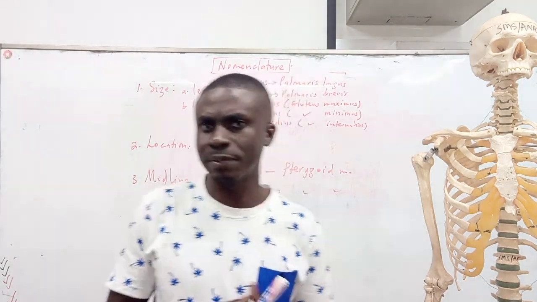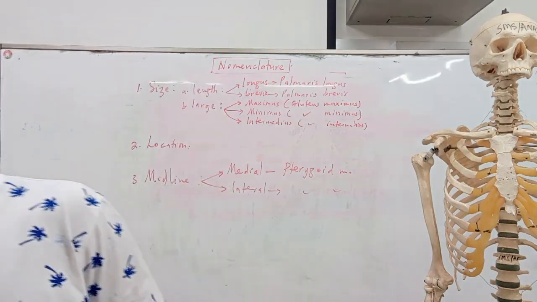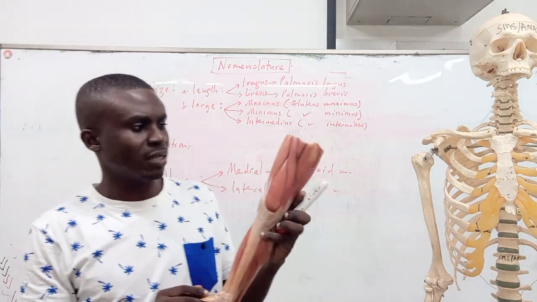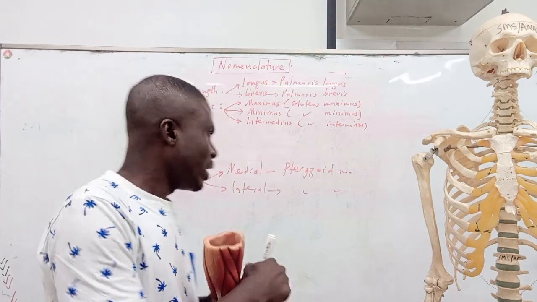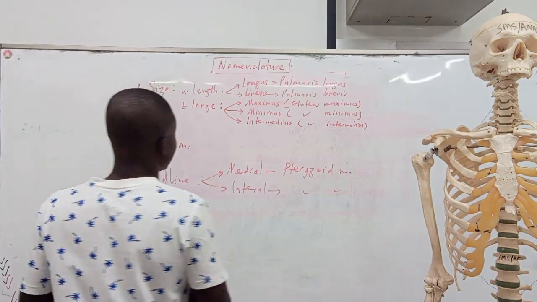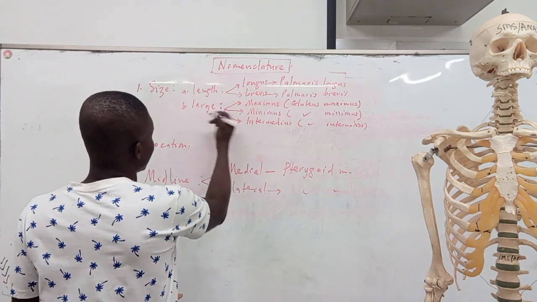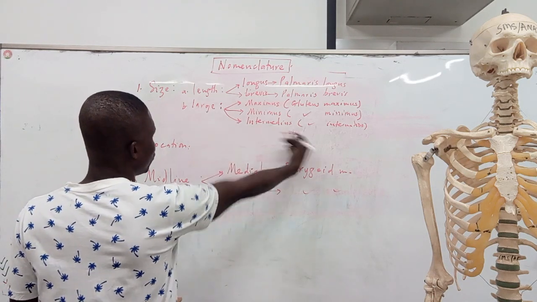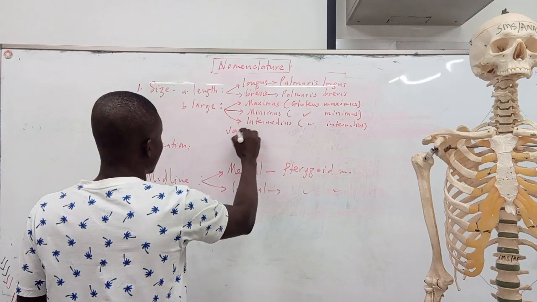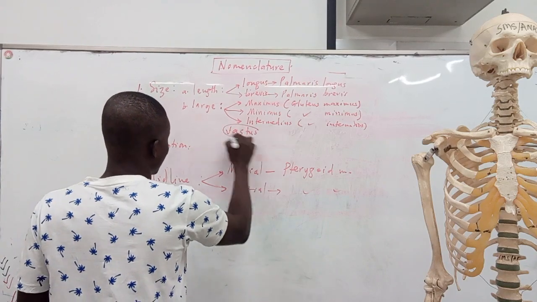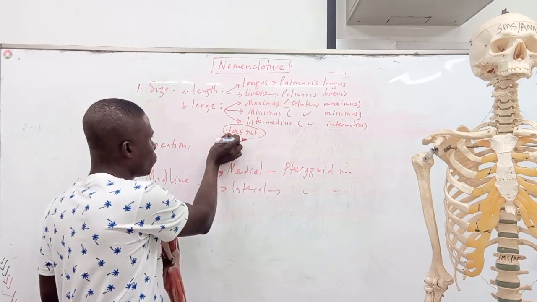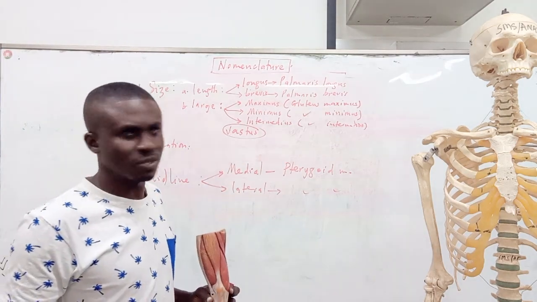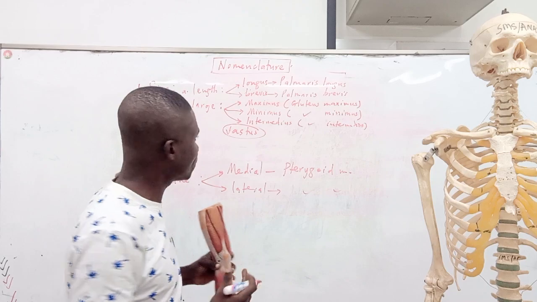With respect to the midline, the same way, there is this muscle over here. We have vastus. Now, in Latin, with respect to size again, we may have something called vastus. Vastus is big.